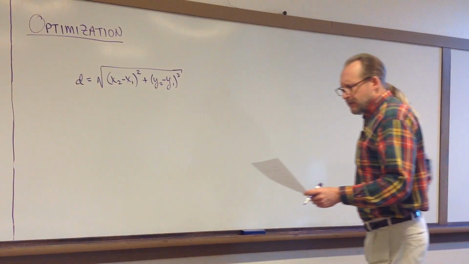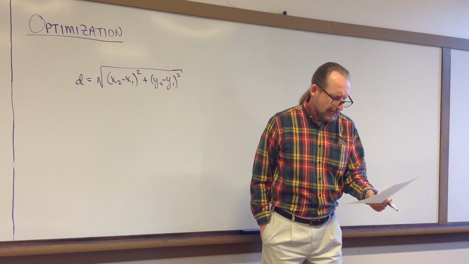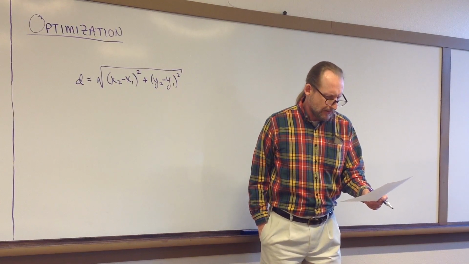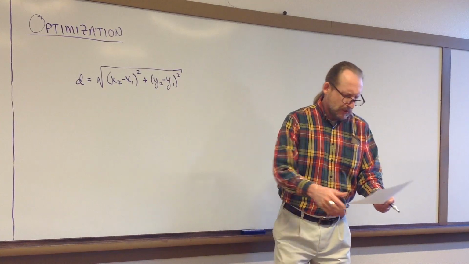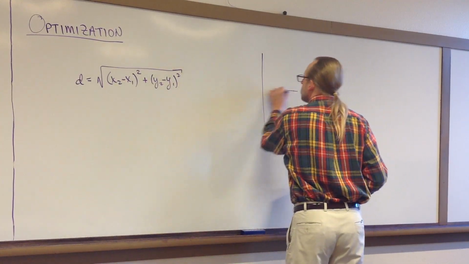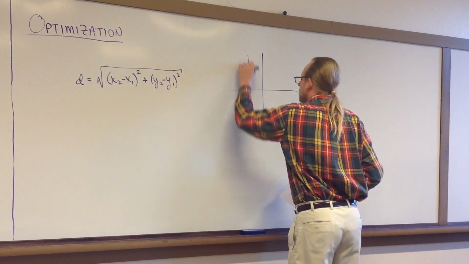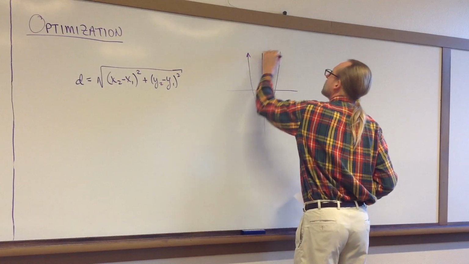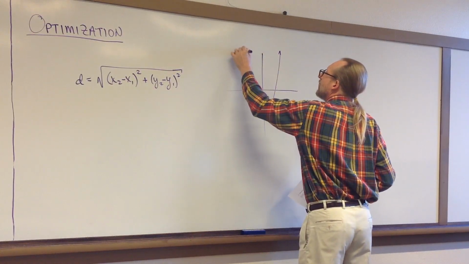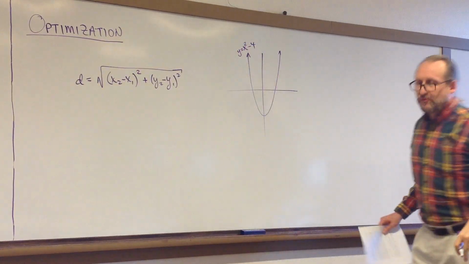All right, so on the bottom of page 52, it says, express the distance of a point x, y in the first quadrant on the graph of the parabola y equals x squared minus 4. Well, here's the thing. If you remember from our discussion of transformations, y equals x squared minus 4 is going to look something like this. It's the standard y equals x squared parabola pulled down 4 places.